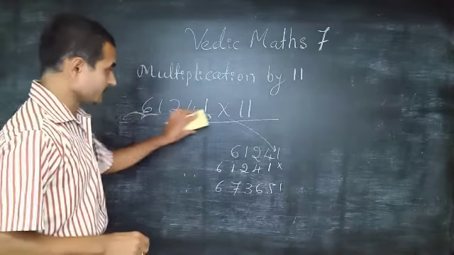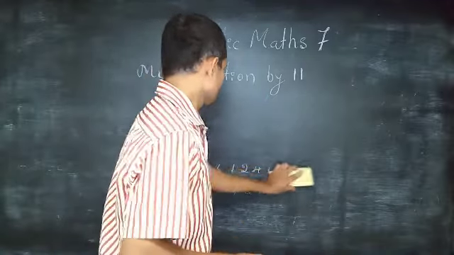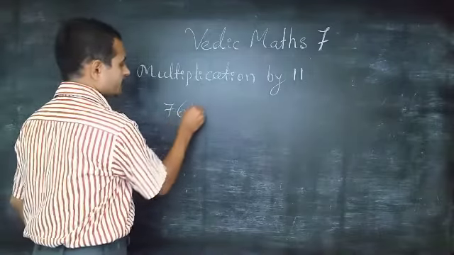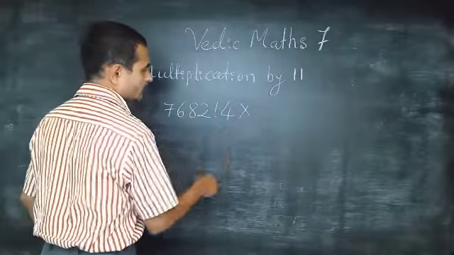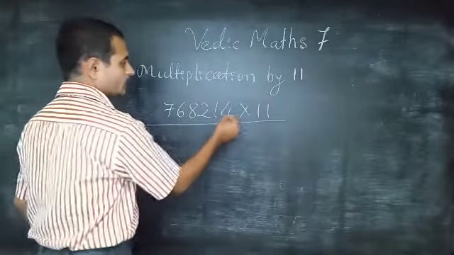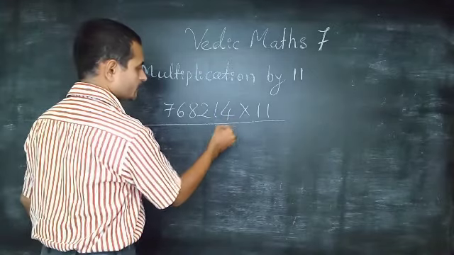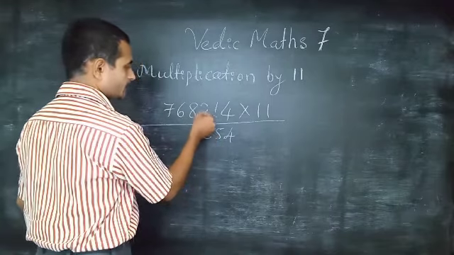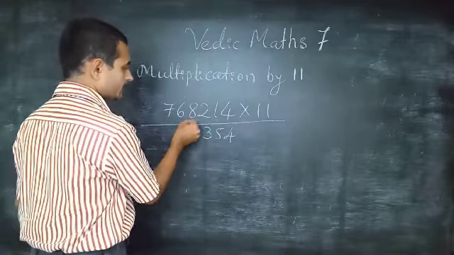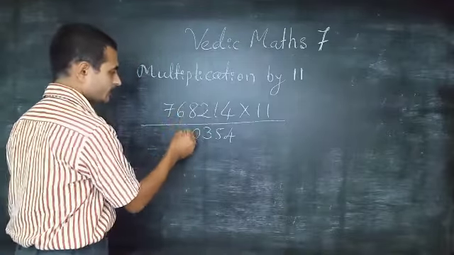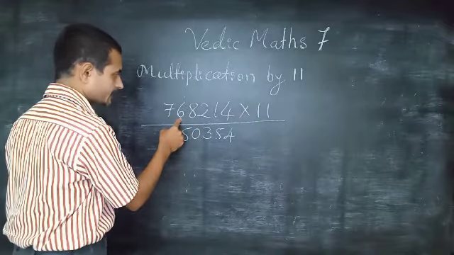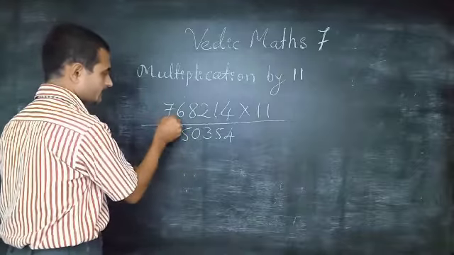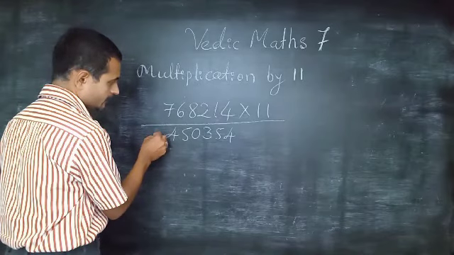If we get a bigger number, see here, 768214 into 11, what do we have to write? 4 as it is, 1 plus 4 is 5, 2 plus 1 is 3, 8 plus 2 is 10, carried 1, 7 plus 8 is 15, carried 1, 8 plus 6 is 14, carried 1, 7 plus 1, 8.